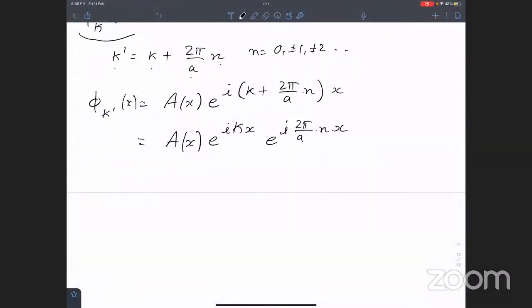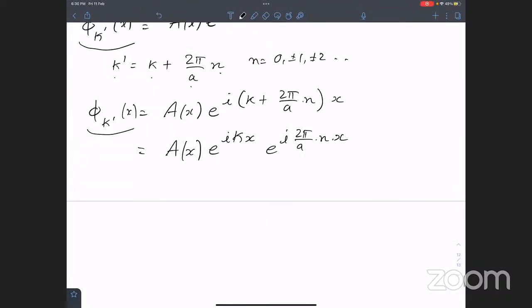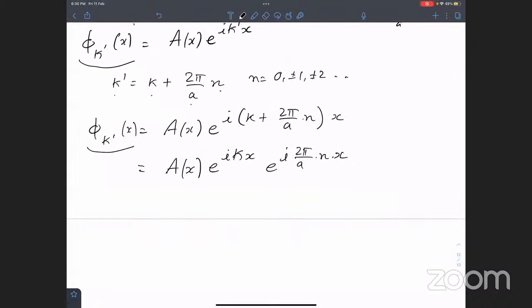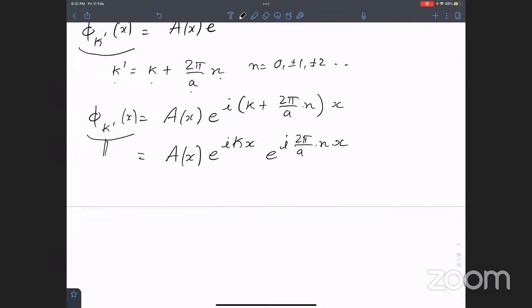Yeah, I think I have just some time left. So if I consider a wave function and I'm simply changing the K value from K to K bar, where K bar is K plus 2 pi by a into n, I'm going to compare it with e to the i K x. This was my original wave function. This was my wave function with a K bar.